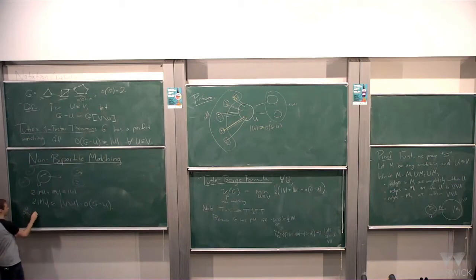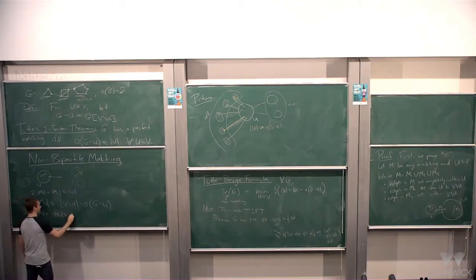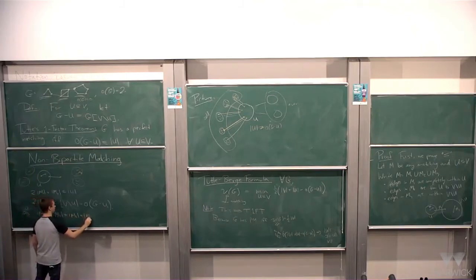So therefore, the size of M is M1 plus M2 plus M3, right?